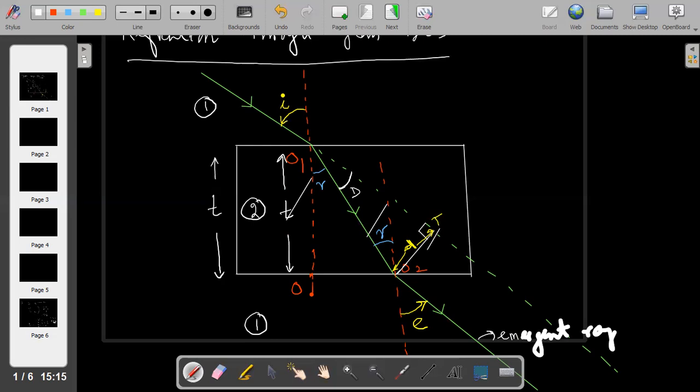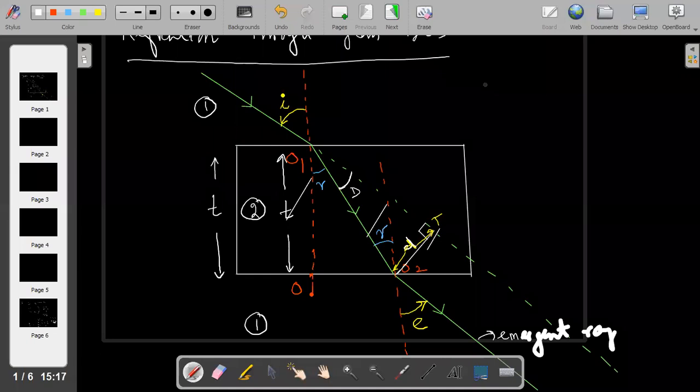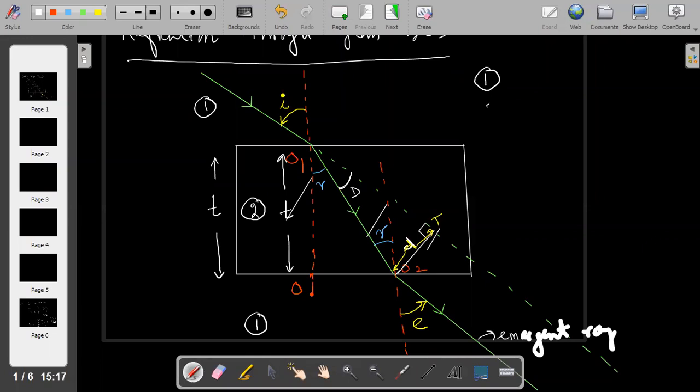Draw the diagram and write. Let one be the rarer medium, and two be the denser medium.